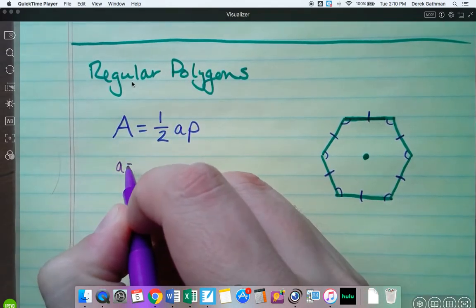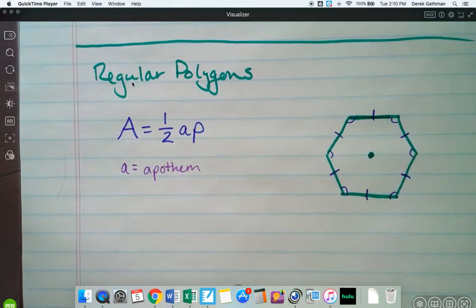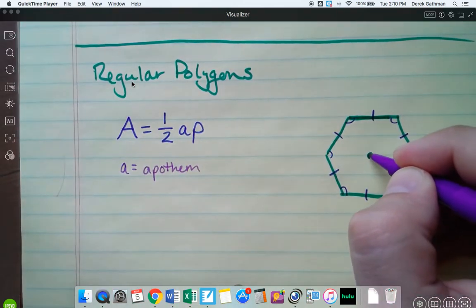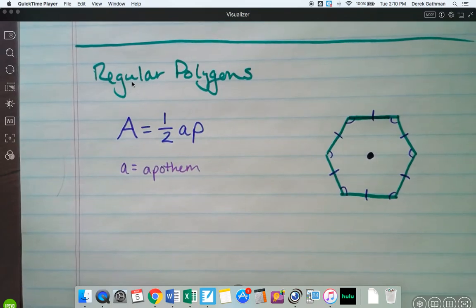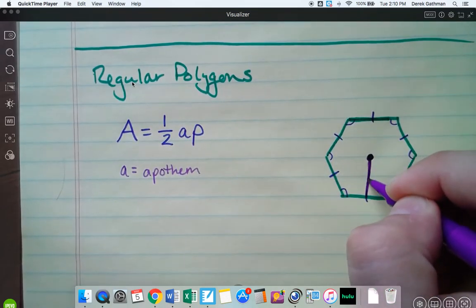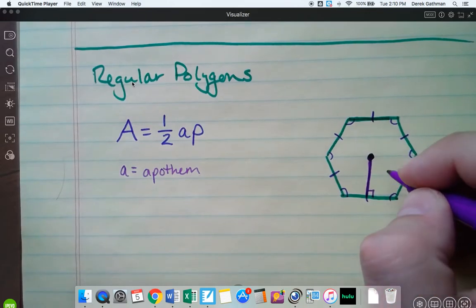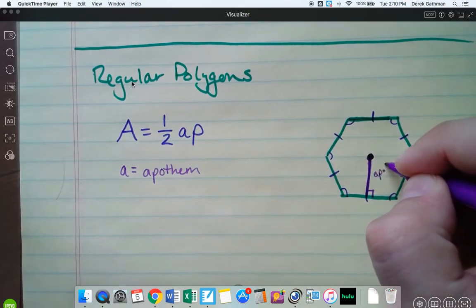And in this formula, A stands for the apothem. And the apothem is the distance from the center of your polygon to one of its sides. So I could have 6 different apothems here in this hexagon. It is the perpendicular distance. So that would be my apothem.